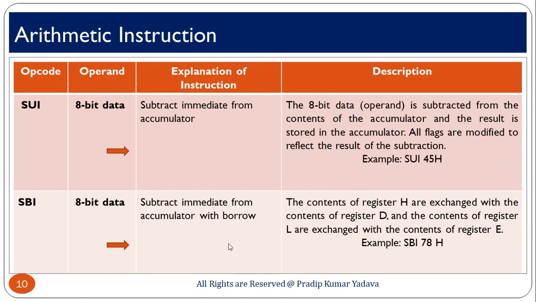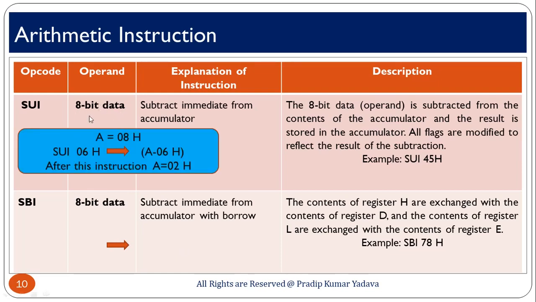And now we can talk about SUI and SBI. Basically, these are opposite to ADI and ACI. Here we are subtracting 8-bit data directly from the accumulator. So, here you can see an example. Suppose the content of A is 08.